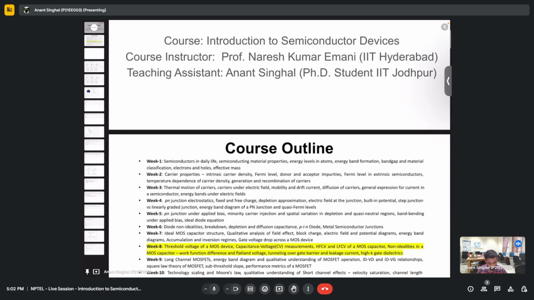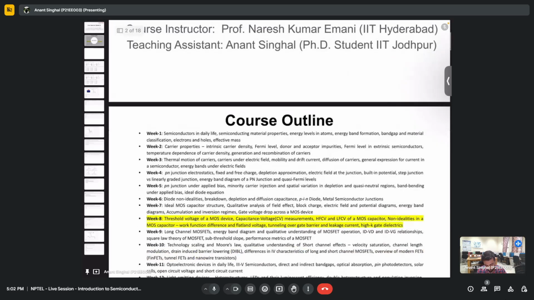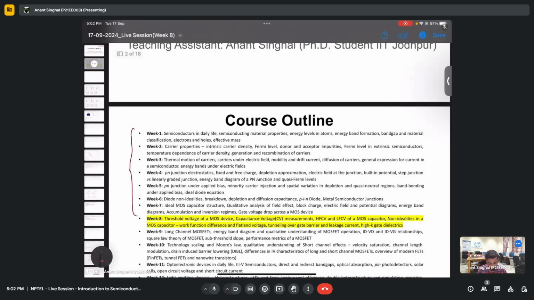So this is a course outline. We have already covered the content till week 7, and as I already told, from week 7 we have started the most important device for this course. So we did read some concepts about the MOS capacitor, like how does it work, how does it look, how do we make the band diagram for a MOS capacitor. Then apart from that, we read about several things such as accumulation region, depletion region, and inversion region, and when it occurs in a MOS capacitor.